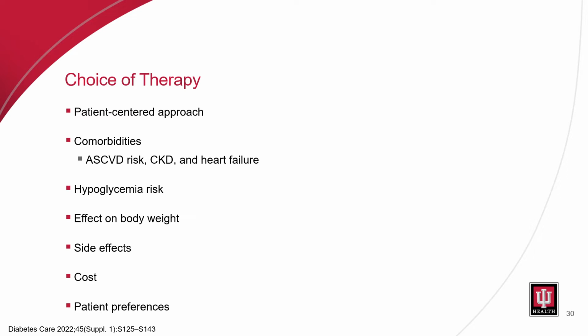A lot of these patients with type 2 diabetes are obese, so we may want to pick a regimen that will help them lose weight or certainly keep them from gaining weight. Any side effects of the therapy that the patient may experience. Unfortunately, a lot of these medications are still brand name products, so they can be quite costly. And of course, we want to be making sure that we're honoring the patient preferences for their therapy.